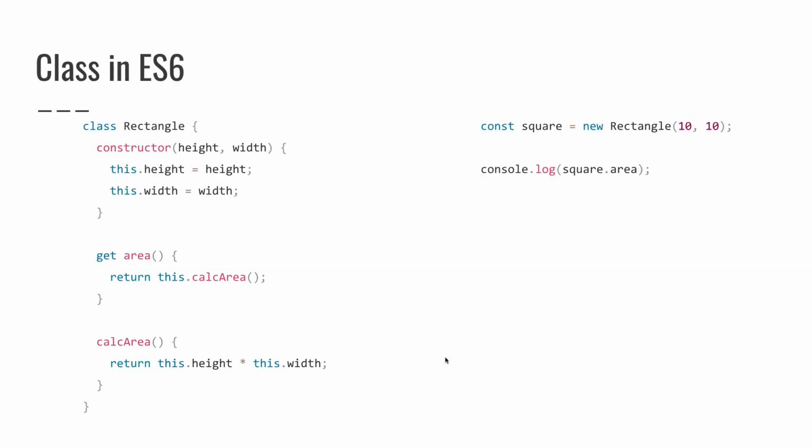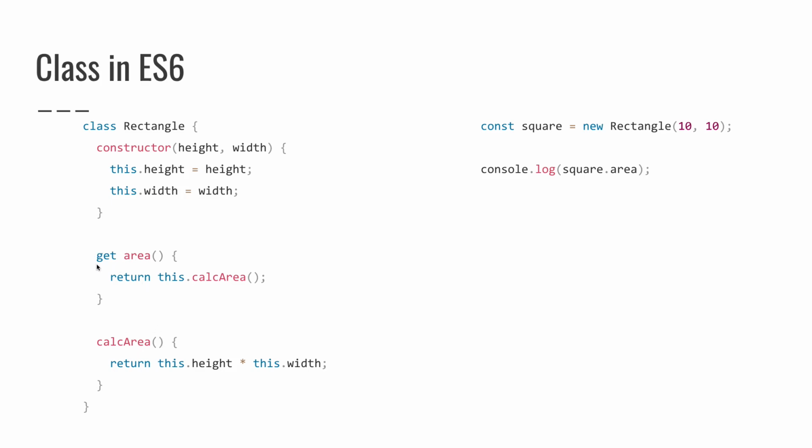So let's see a class in ES6. This is an example. This is a class Rectangle, and a class Rectangle can take some initial values, height and width. I assign this height and width to the class, so those are available inside the class. They can be accessed with this.height and this.width. And then I got two methods. One area and one calcArea.